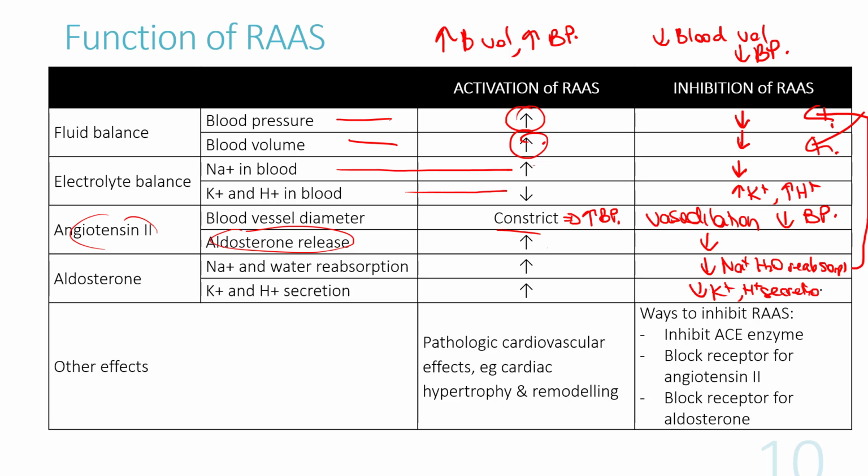And so secretion is when things move from the blood to the tubules, and so it increases the levels of potassium and hydrogen ions in the blood, right? And you can see here when the RAAS system is activated over a long period of time, it can cause cardiovascular effects, and these are the cardiovascular effects that it causes.